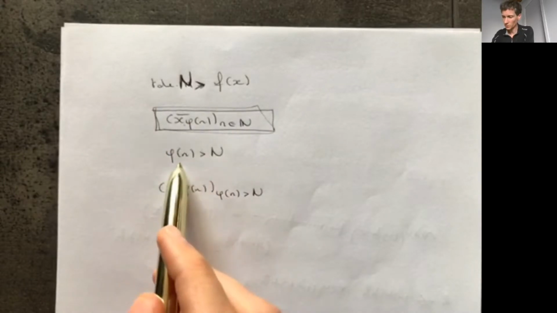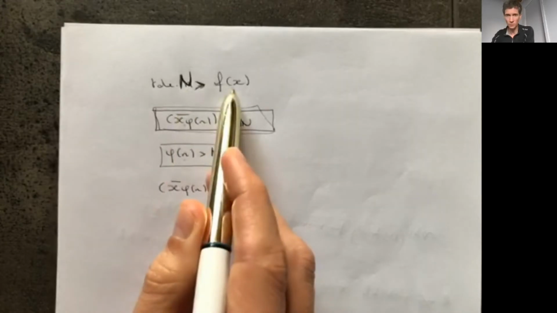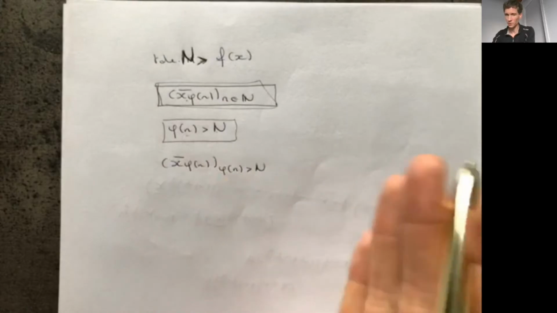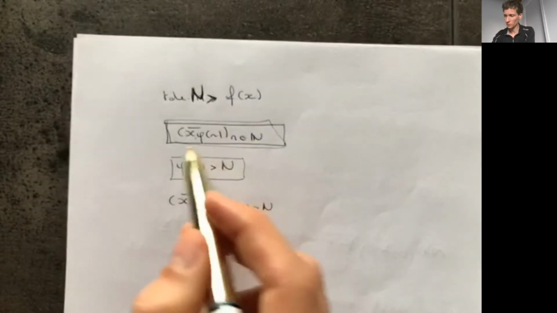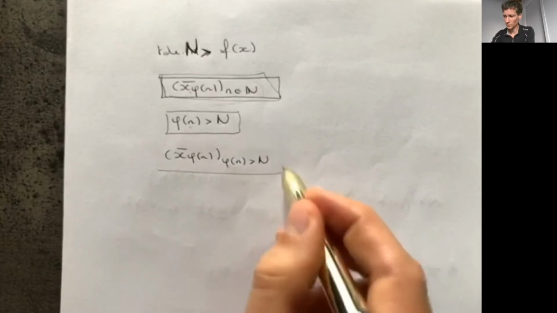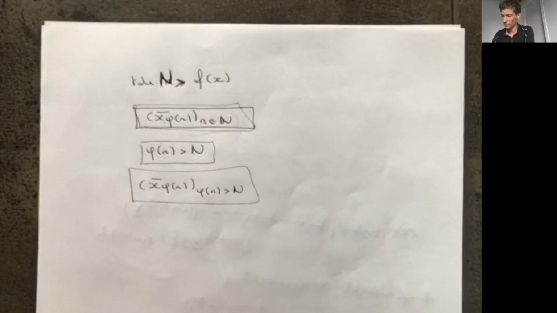You restrict the subsequence to only the indices that are bigger than this number, which is bigger than f of x. So basically we cut off an initial portion of this sequence, and what we get is another subsequence which is now a little bit smaller because we cut off some part at the beginning.